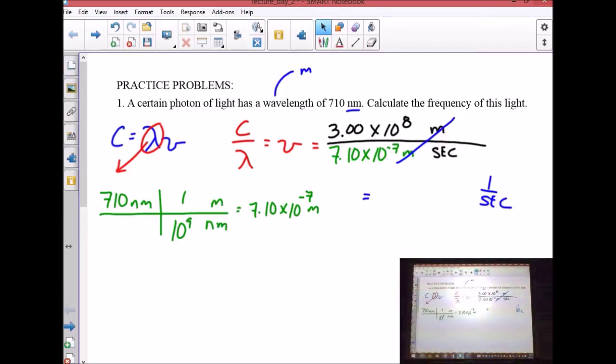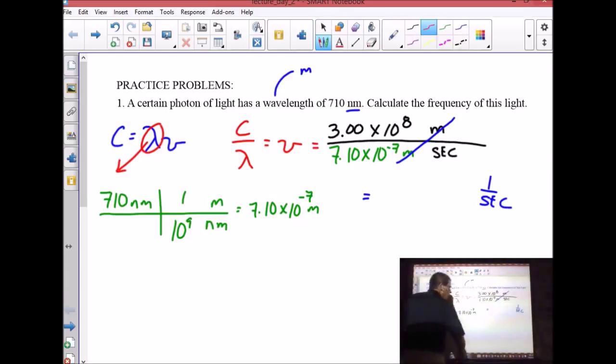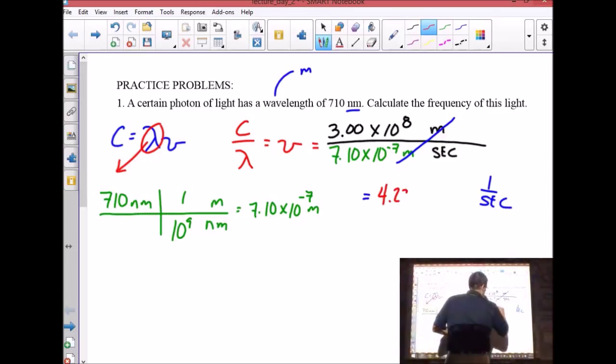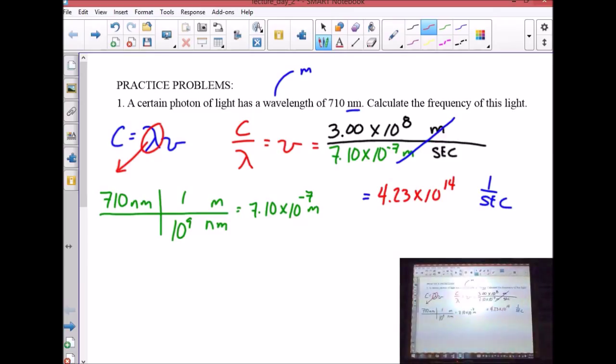So let's see here. Find out what that is. Like 4.23 times 10 to the 14. Now, let's keep this in mind. Whenever we look at frequency, it should have a high positive exponent, because there are going to be a lot of those wavelengths.